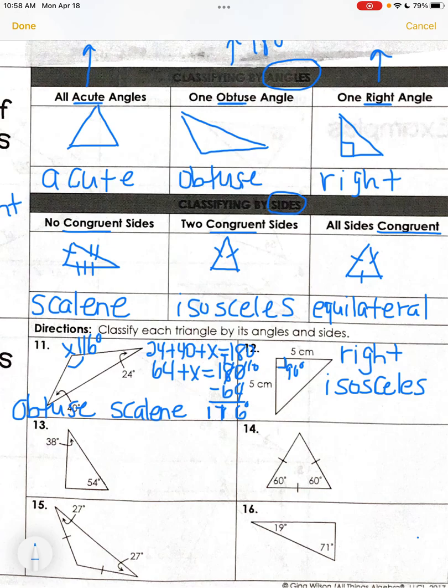Okay, let's take a look at this third one. So we need to find this missing angle down here. So we have 38 plus 54 plus x equals 180. Go ahead and add 38 plus 54. That gives us 92. Then we're going to subtract 92 from 180.